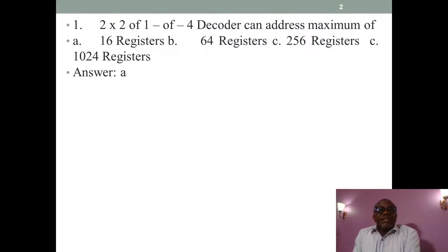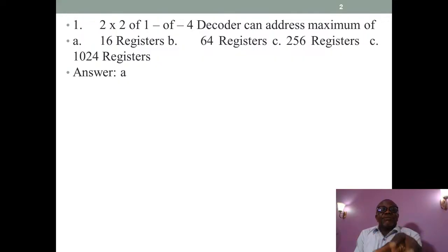When we say 1 of 4 decoder, it means the decoder has 4 outputs and 1 is selected at a time. If 1 is selected at a time, it means that there are 4 possible selections.